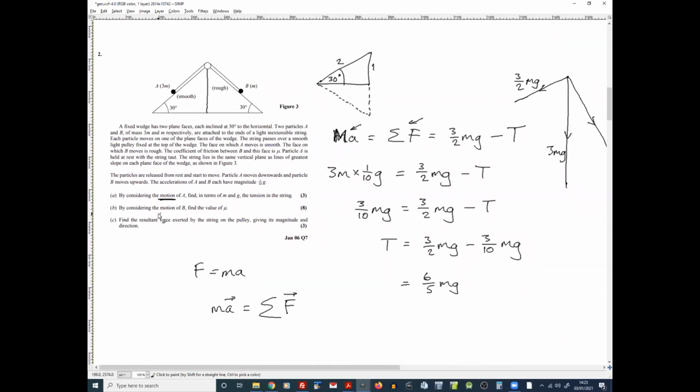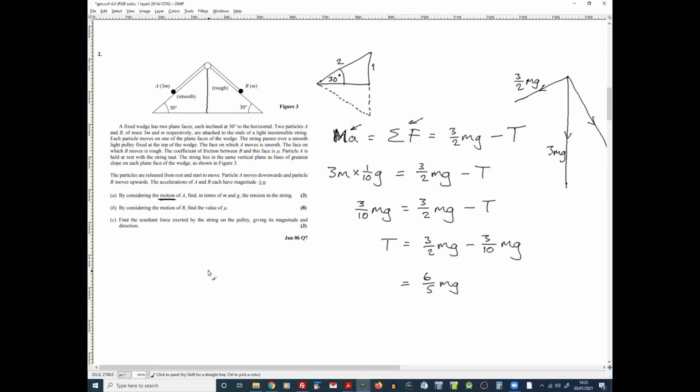And now they're giving us the same hint by considering the motion of B. It's probably an equation of motion. I wasn't sure of that. I thought it might be a SUVAT, but anyway, an equation of motion, that's where you're putting ma and you're thinking, oh, well, it must be all of this force, but then these forces are acting against it. So you subtract the ones which are acting against it.